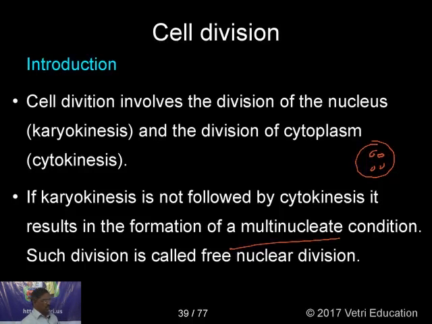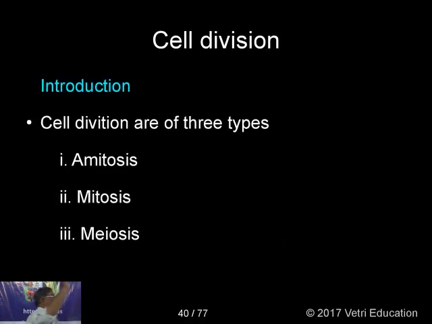Such a division is called free nuclear cell division. Cell divisions generally are mitosis and meiosis, but this is also a type of division where karyokinesis is there, cytokinesis is absent. That is called free nuclear cell division. So cell division is of 3 types.